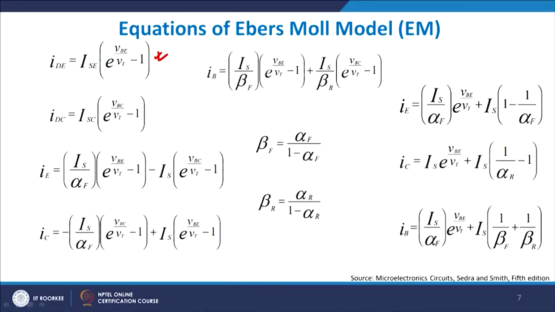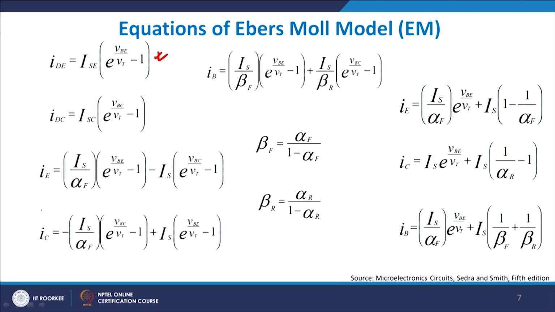Using the network which we just saw, we can write down the basic equations of the Ebers Moll model. The first equation, as we have discussed, is IDE equals IS times (e to the power VBE by VT minus 1), and IDC equals IS times (e to the power VBC by VT minus 1).